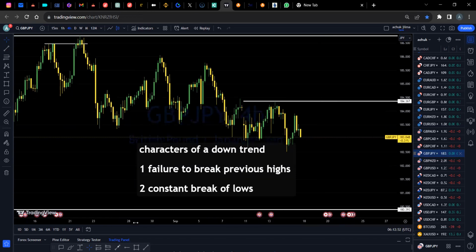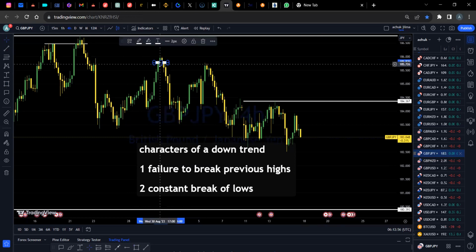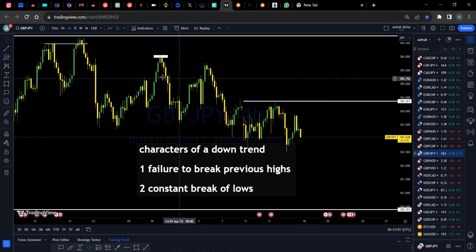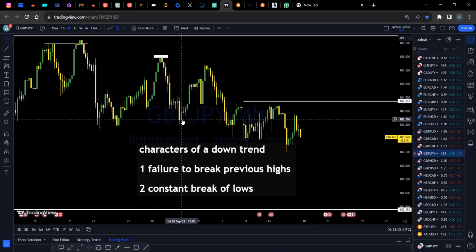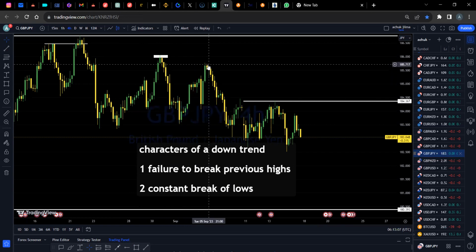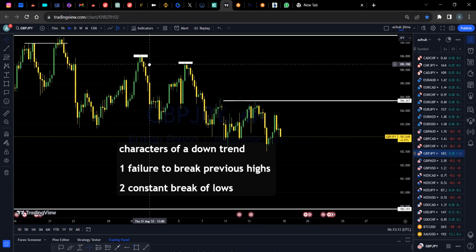So this was our previous high. Because the market went up here, formed this high, and then comes down to form a low. When price was going up, it could not reach this high. So in other words, it failed to break this high. That is the characteristic. But then it broke this low.